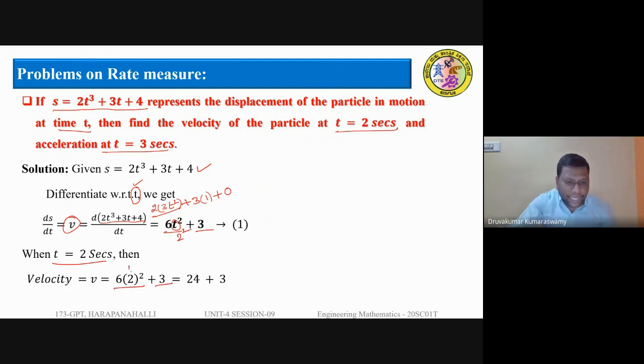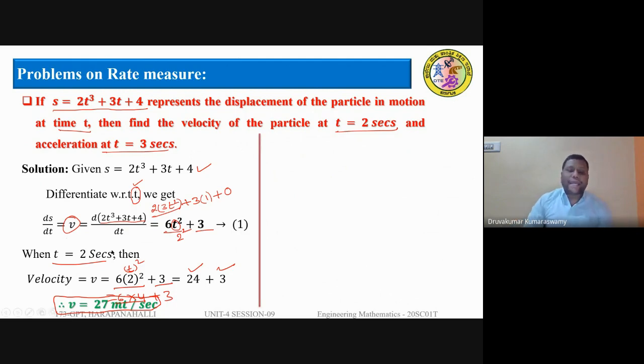In the place of t, we have written 2 square, plus 3. So that is 6 into 2 square, that is 4, plus 3. So 6 4s are 24 plus 3. So 24 plus 3 is how much? 27. And as you know, what is the unit for velocity? It is meter per second. So velocity is equal to 27 meter per second when t is equal to 2 seconds.